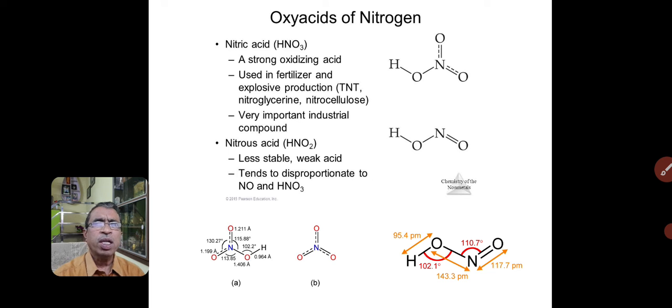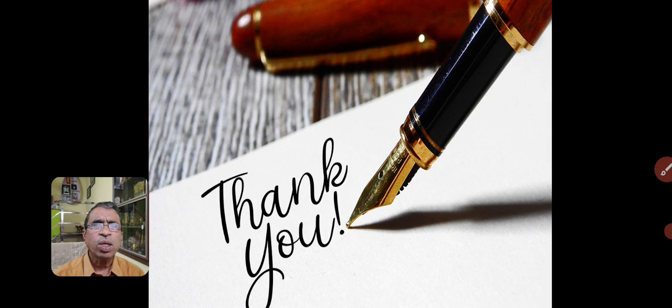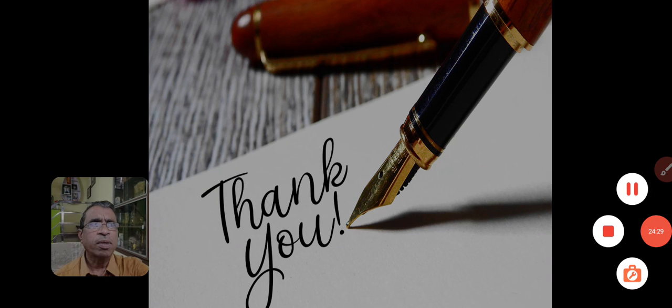It is a very important industrial compound. Nitrous acid is a less stable, weak acid that tends to disproportionate to nitric oxide and nitric acid. Students, go through these aspects and try to learn about the oxyacids of nitrogen. Thank you.